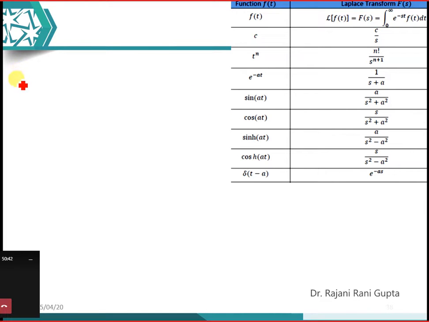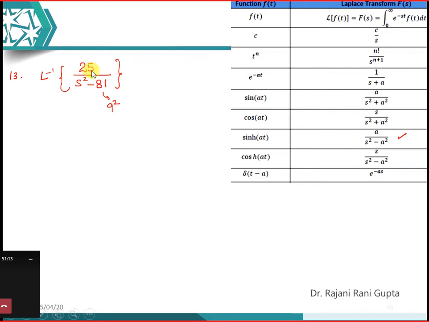Like suppose, what was the example number 12 here, 13th. Say if you have Laplace inverse of 25 over s square minus 81. Okay, so s square minus something and above you have a number, so it is clear that you are going to use this rule. So 81 means 9 power 2.